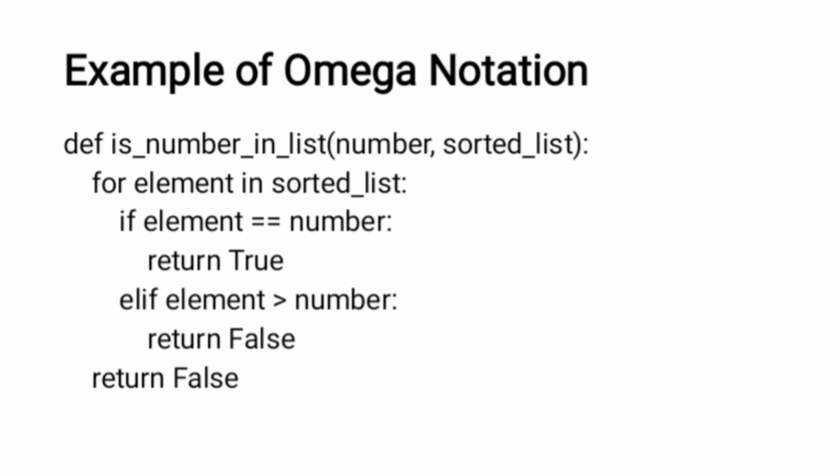It takes advantage of the fact that the list is sorted to return false immediately if it has encountered an element greater than the number. This function is a simple example of how to search for a number in a sorted list and showcases how you can use control flow in Python functions to efficiently handle different cases.